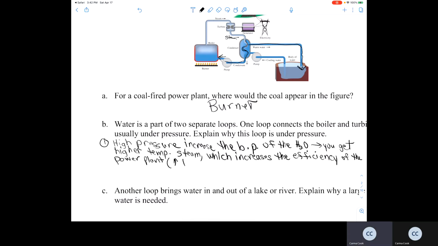So if you increase the temperature of the steam, you increase the amount of electricity produced, and therefore you're increasing the efficiency of the power plant.